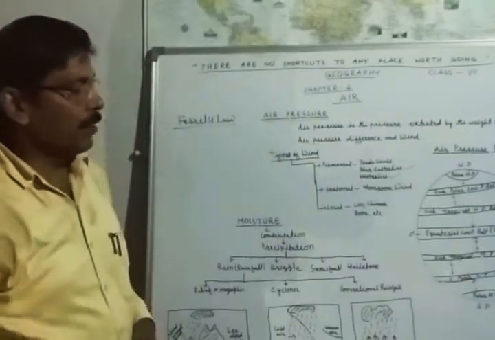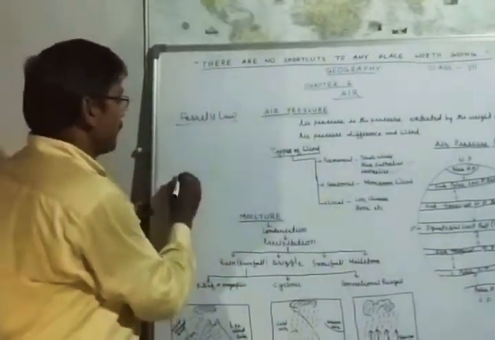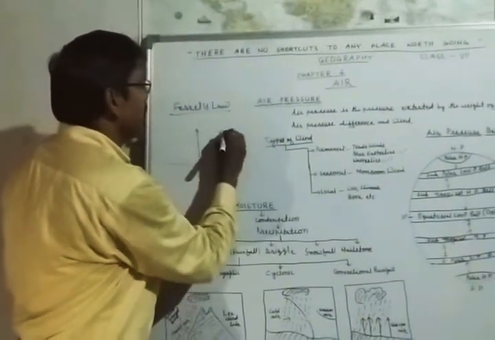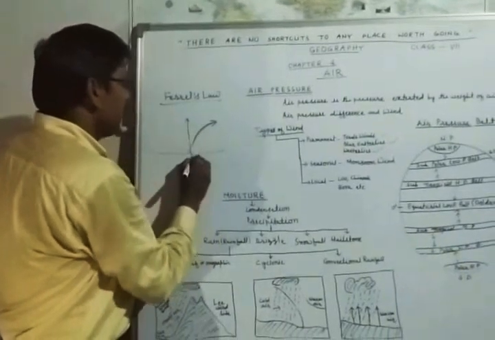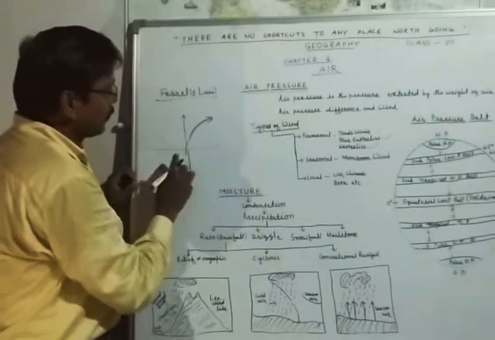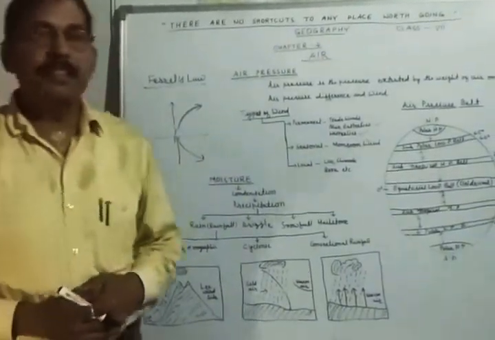According to Ferrel's law, while blowing, the wind deviates towards the right in the northern hemisphere, and towards the left in the southern hemisphere. So this happens due to the rotation of the earth.